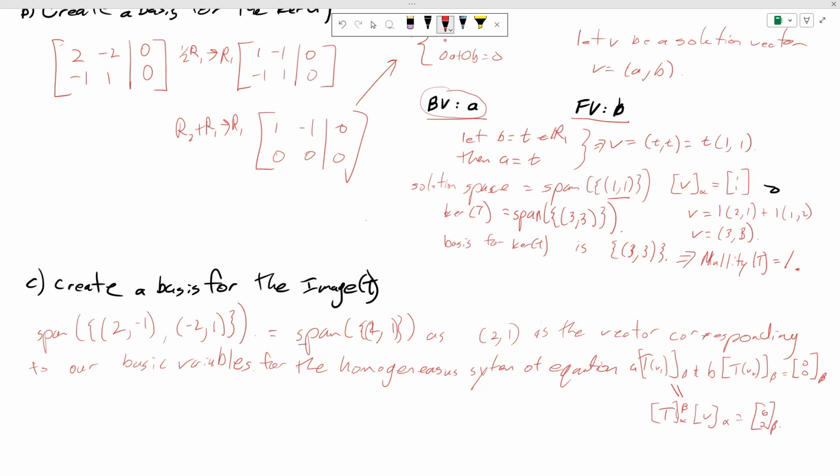So now we have the span of our column spaces, or what's going to be our image.